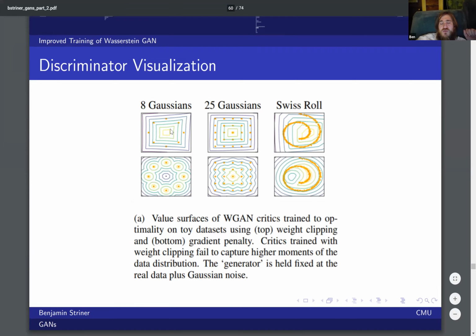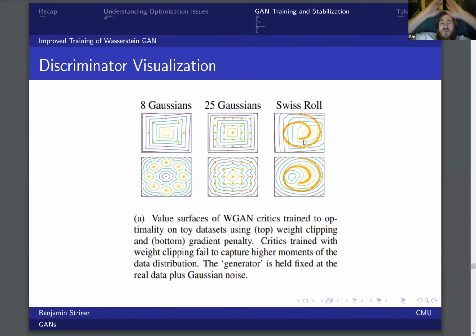If you train a discriminator on it, it kind of gets the point, but it's not able to quite fit the shapes because of the weight clipping. Versus the second row, which is using the WGAN GP critic. When we train that, we've got really nice orderly lines, which seem to match up to drawing circles around where you want it to be.